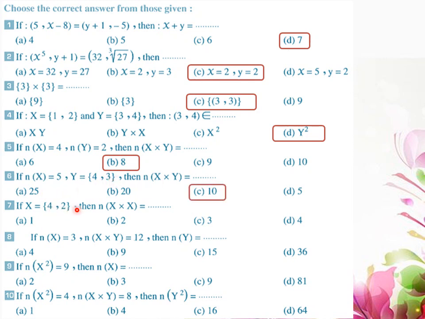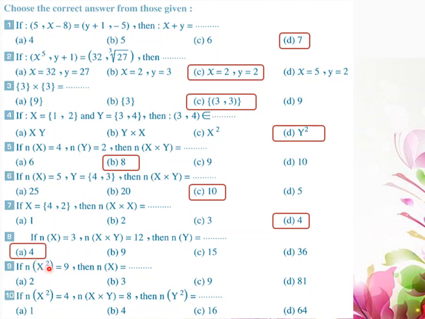Number 7: x equals 4 and 2, so n of x cross x is 2 times 2, which is 4. X has 3 elements, n of x cross y equals 12, so the number of elements of y will be 4, because 3 times 4 equals 12.